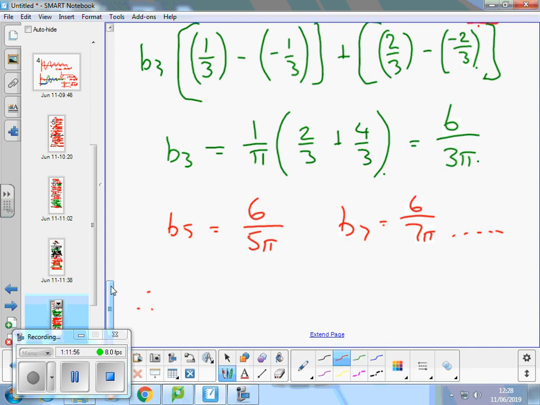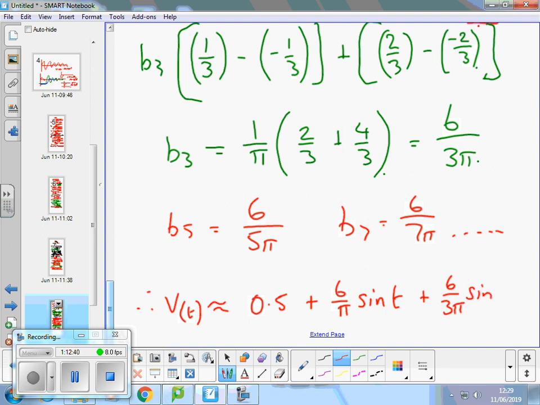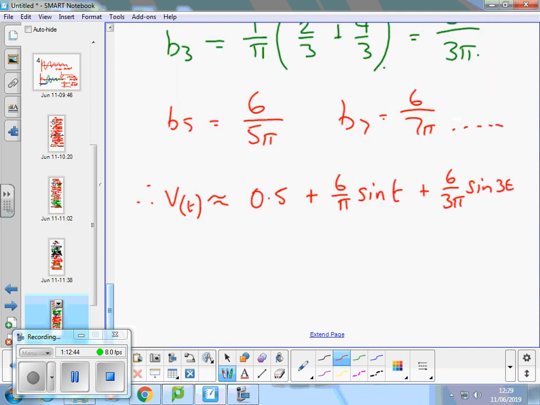Therefore, we can represent V of t approximately as 0.5, the DC term we calculated in the first place, plus 6 over pi sine t, plus 6 over 3 pi sine 3t, plus 6 over 5 pi sine 5t.